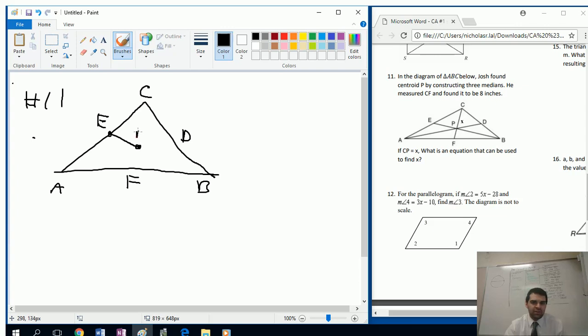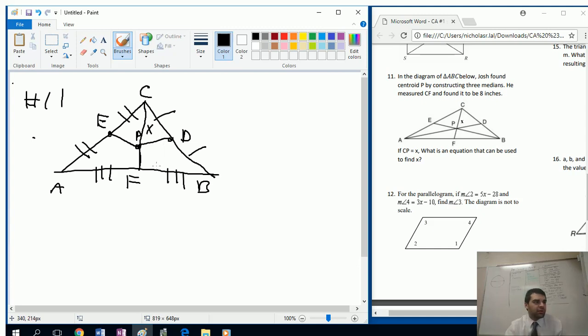We have center P. So that's a P. So that means the medians cut AC into equal parts, CD and DB into equal parts, and AF and FB into equal parts. And we need to find the measure of x, which is the length of PC.